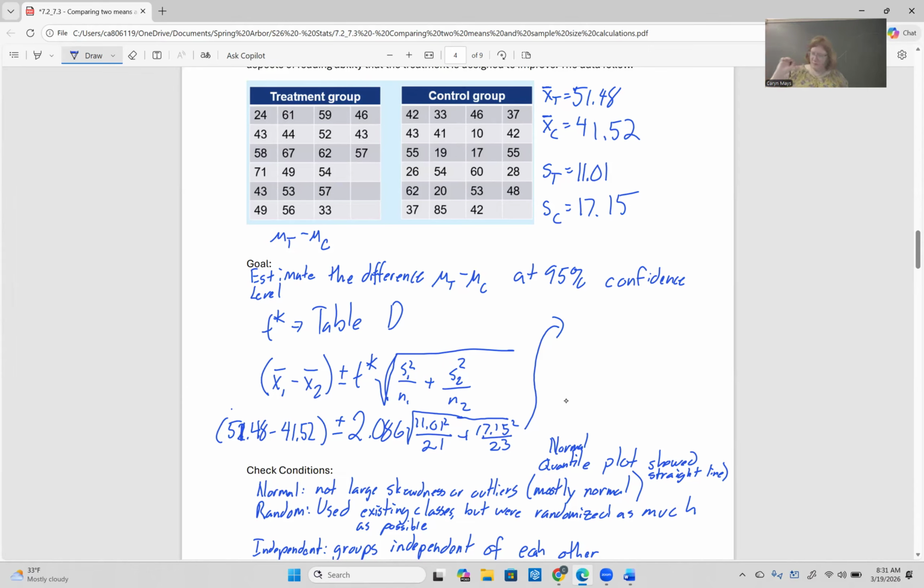Somebody, what is the 51.48 minus 41.52? 9.96. What does this one simplify down to? 8.98.